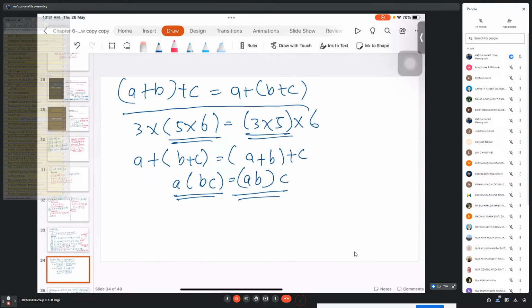We have A plus B plus C is equivalent to A plus B plus C. Same here, 3 multiplied by 30 is equivalent to 90. Here is 15 multiplied by 6 is 19. Okay, same here.